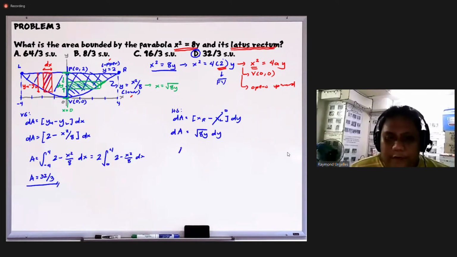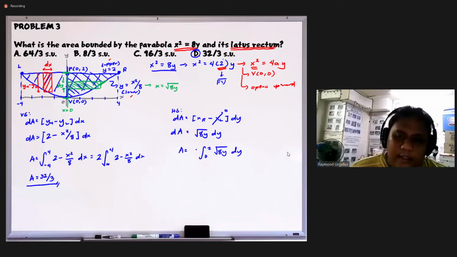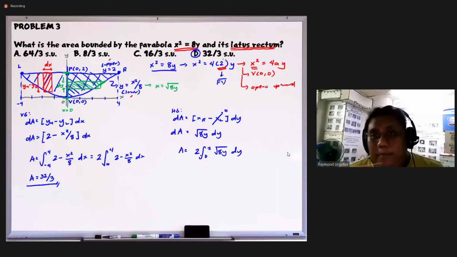Diba? Then solving for the area, this is from 0 to 2, square root of 8y dy. No? Okay, pero kalahati lang yan, kaya kailangan din natin itong i-multiply sa 2. Okay? Okay ba?